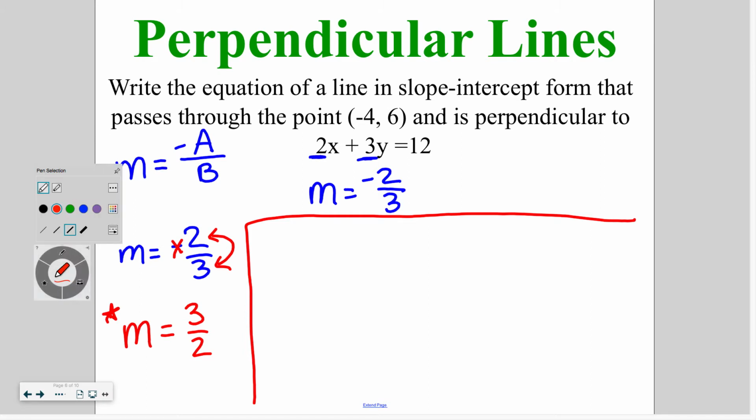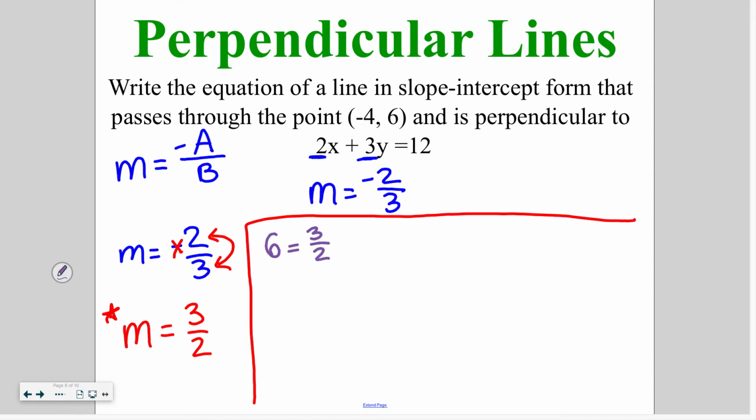Starting with our slope-intercept form, I'm going to go ahead and plug in y, which is 6, is equal to 3/2 times -4 plus b. This gives us 6 is equal to -6 plus b.